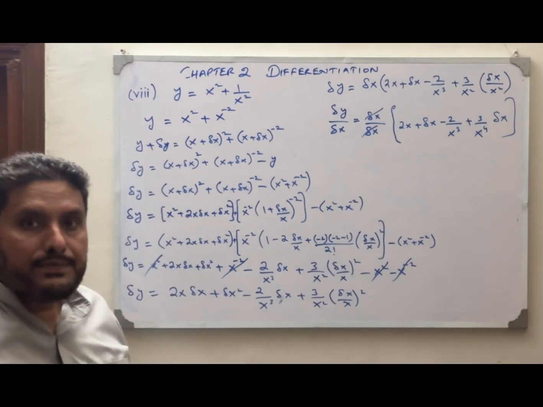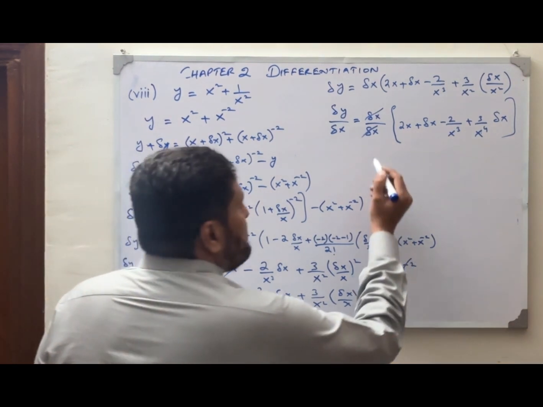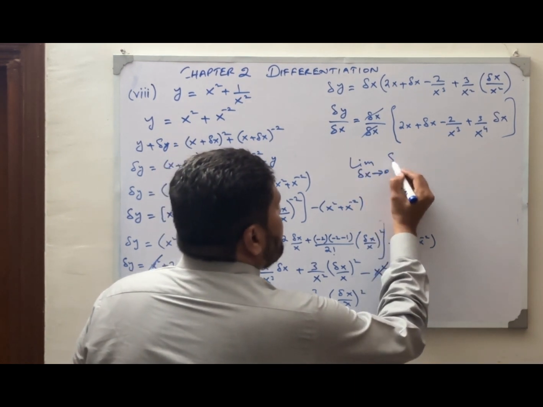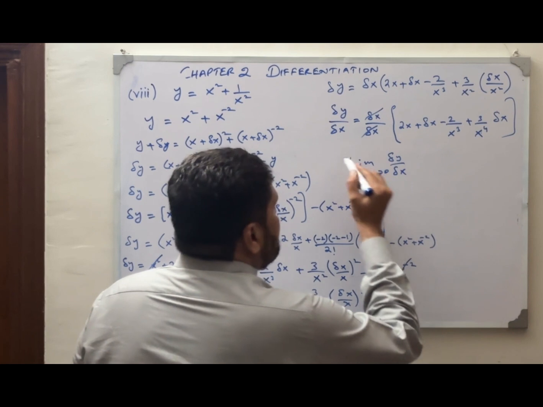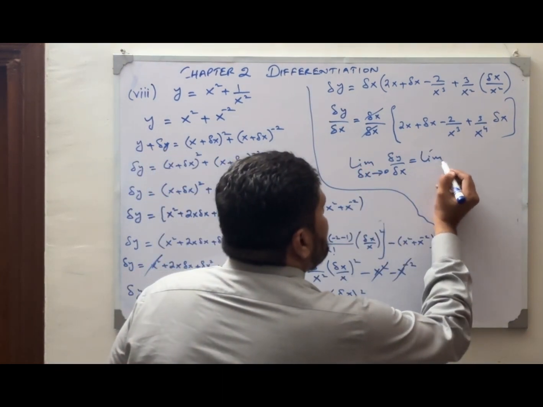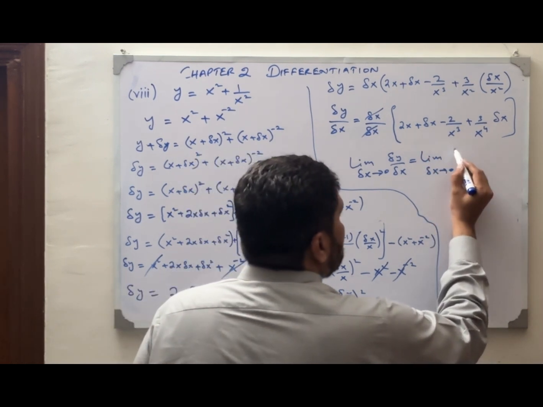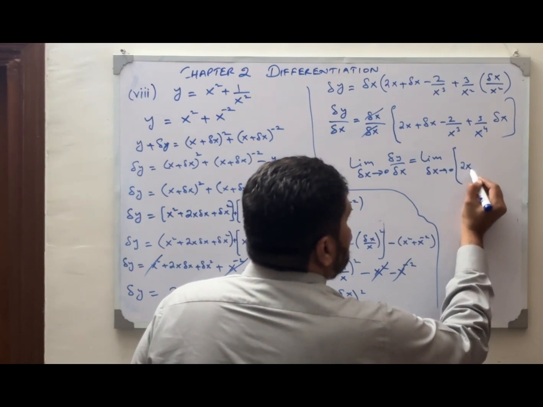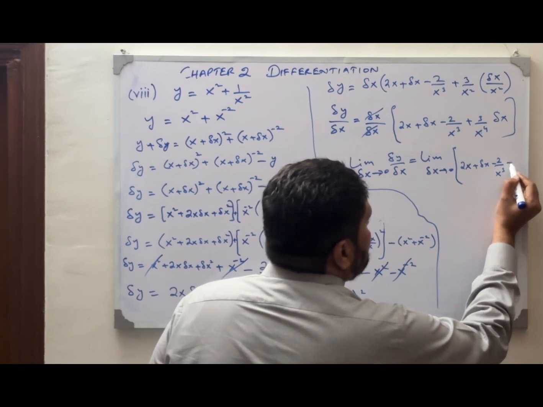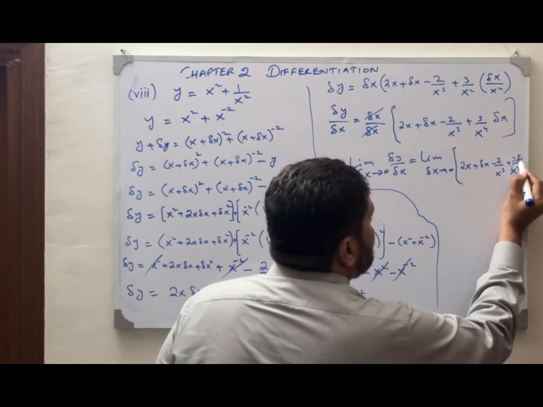Now by using step 4, we have to apply the limit on both sides of the equation. So by applying limit, we have limit delta x approaches to 0 of delta y by delta x, which is equivalent to limit delta x approaches to 0 of this whole term, 2x plus delta x minus 2 by x cube plus 3 by x4 delta x.